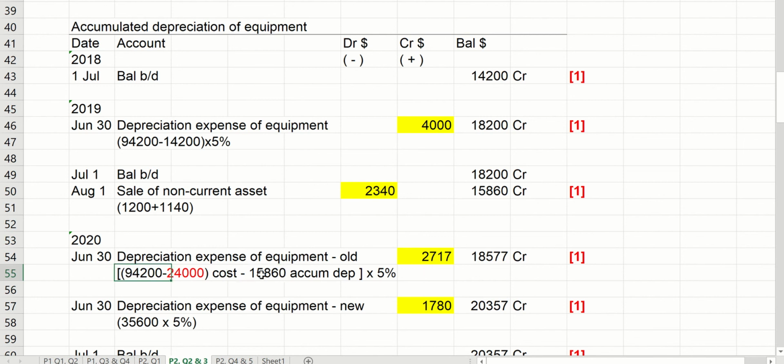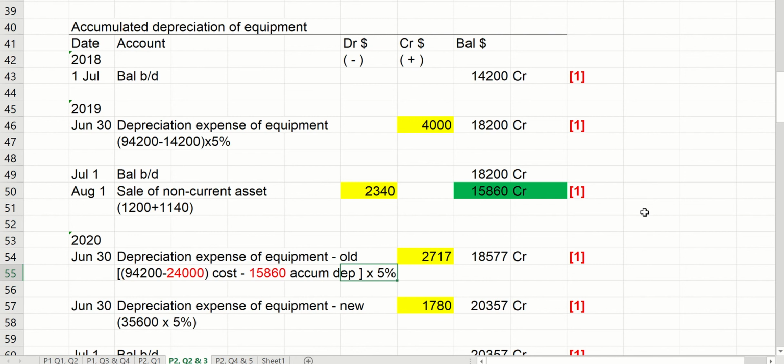What is this 15,000 accumulated depreciation? This 15,000 accumulated depreciation is this one. Can you see? This one, $15,000 accumulated depreciation, from that number, and then after I times 5%.